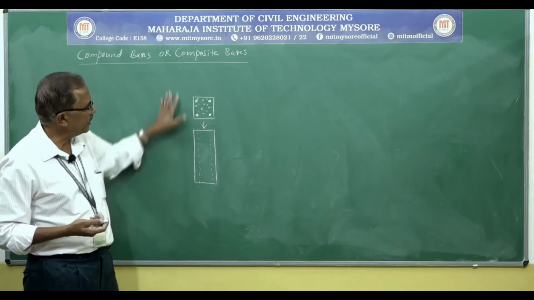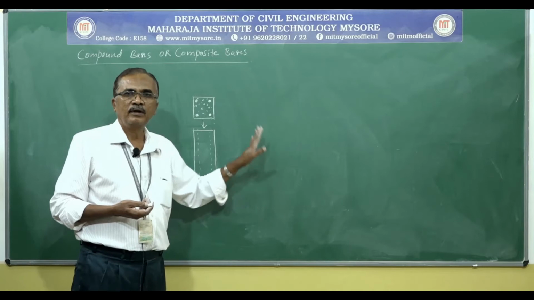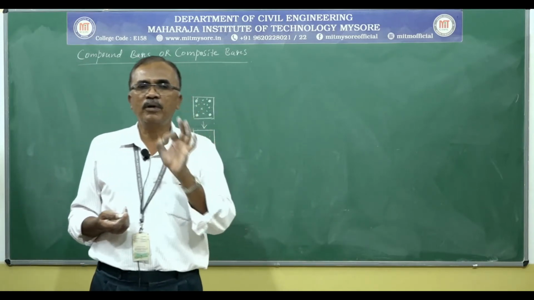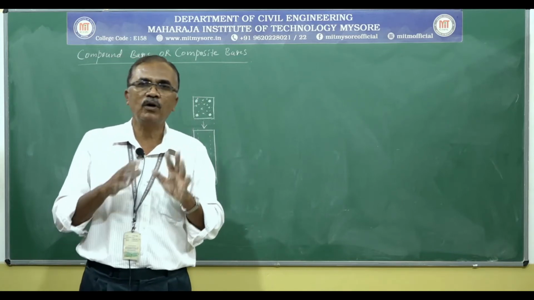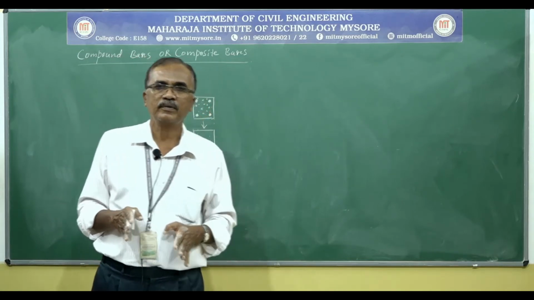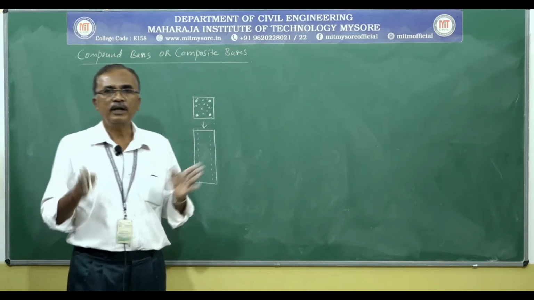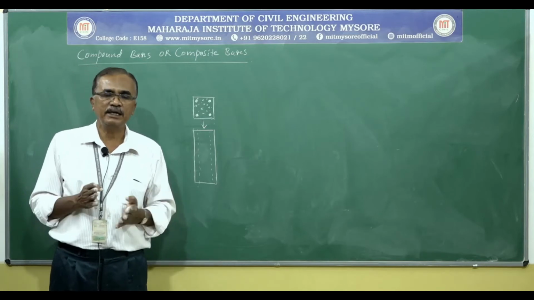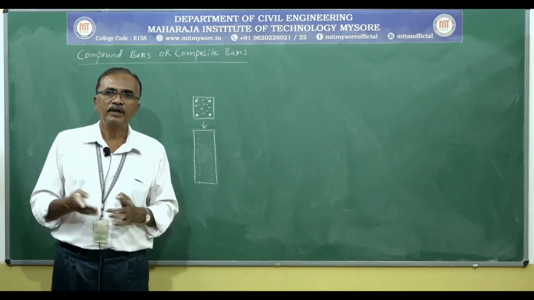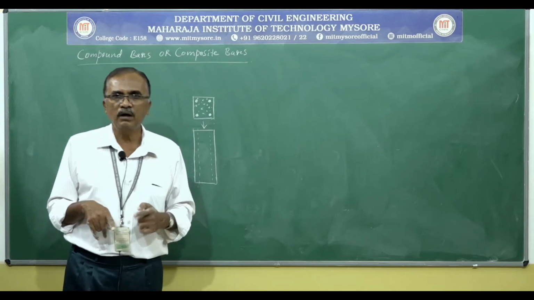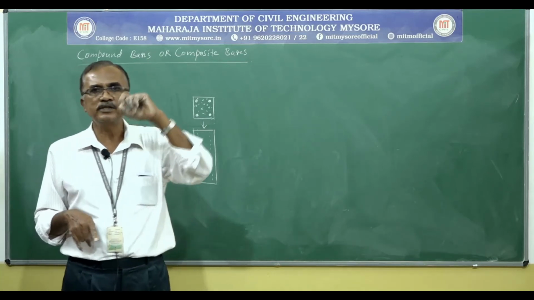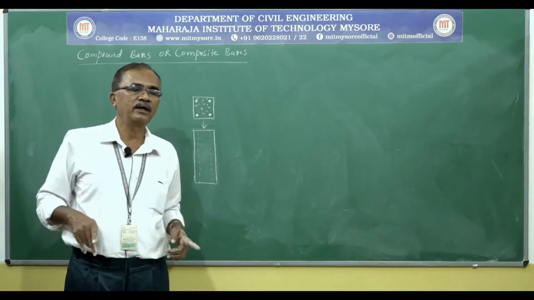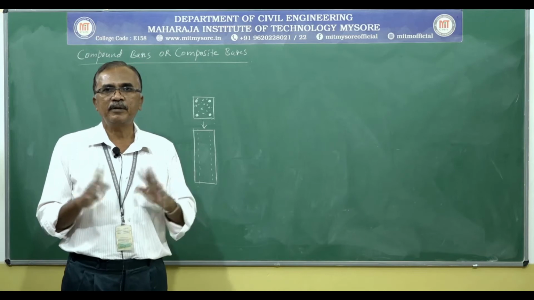So from this we can understand like this: a composite bar or compound bar is one which is made up of two or more materials, which are held firmly together so that they cannot be separated easily. When a compound bar is subjected to load, the compound bar as a whole will receive the load, and the load carried by each material depends upon its Young's modulus.